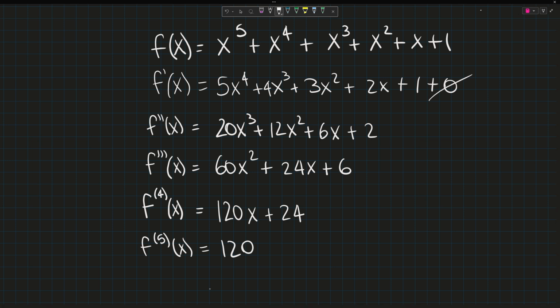Let me tell you this too about it. How would I do it in the other notation I taught you? This would be basically d to the fifth y over dx to the fifth. That's how you represent the fifth derivative of something.